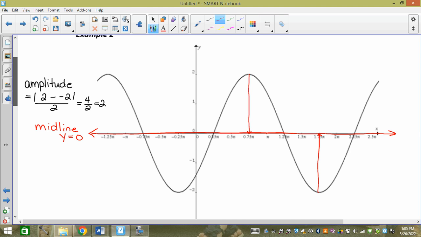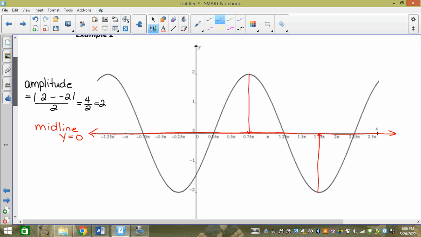So the only way you can have your amplitude being different, instead of like 2 and negative 2, like negative 3 and negative 7, you'd have to have a vertical displacement. Absolutely. Because this is your midline, and your midline is your vertical displacement. Your midline is your D value.